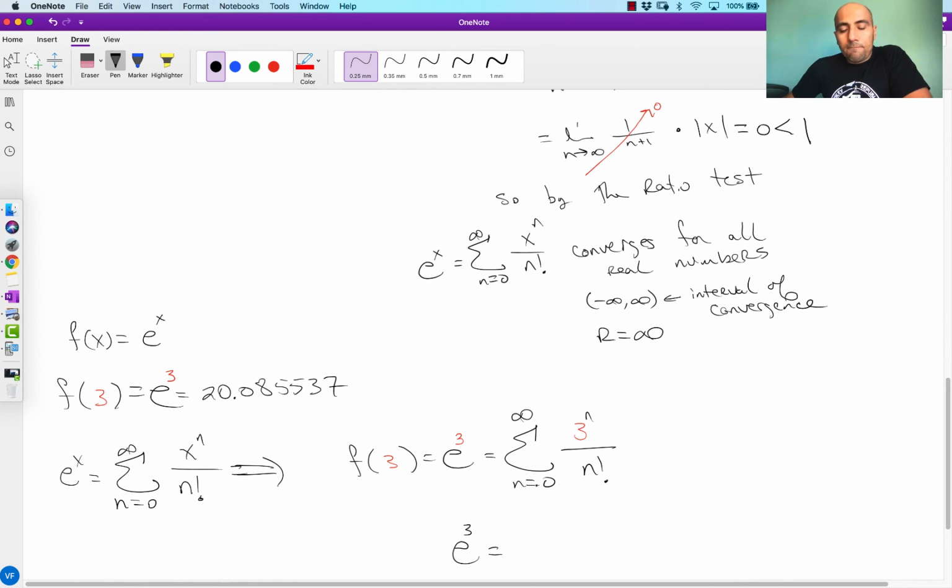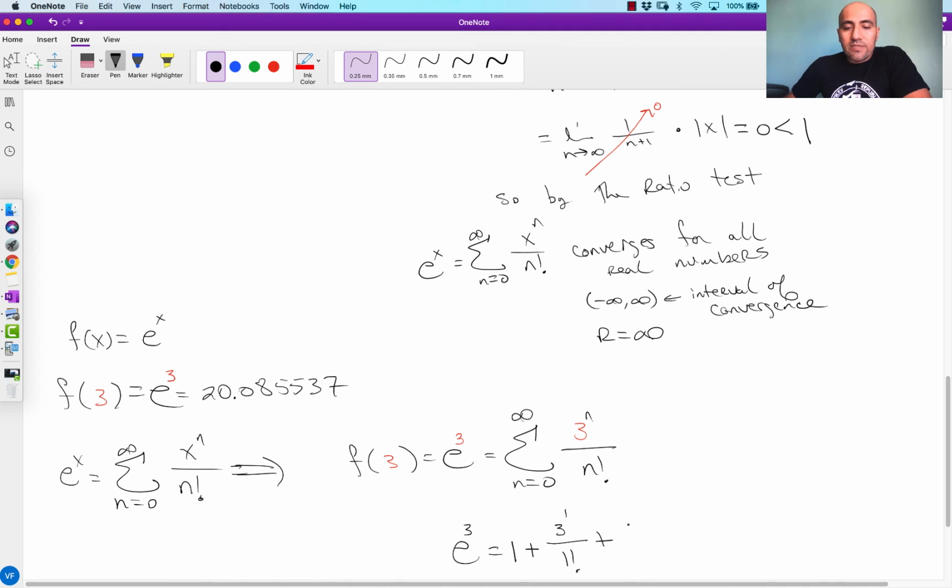So when n is equal to 0, 3 to the 0 power is 1, and 0 factorial is 1. So the first term is 1. Plus, the next term is going to be 3 to the first power over 1 factorial.